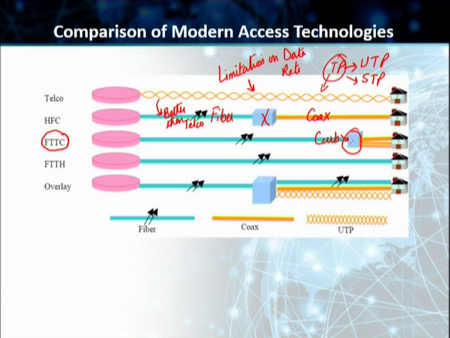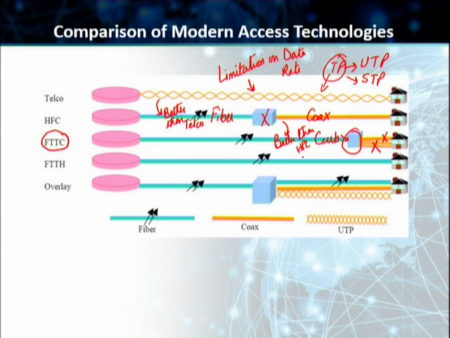Then from that point onwards, you can have the last loop, the local loop, or the last mile. You can have coaxial cable, as I'm showing you, and you can also have a twisted pair from that curb to your house. And this, once again, is better than HFC, because it can support higher data rates. You have fiber all the way from your provider office to your curb.